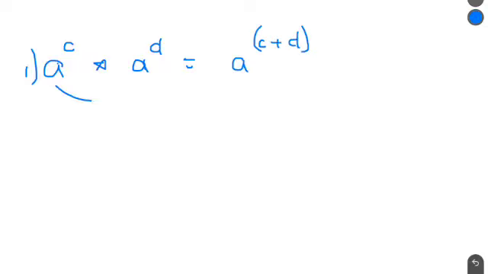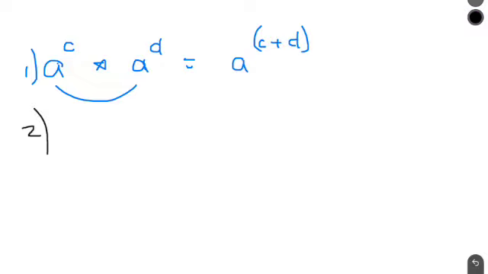Let's assume that whatever base we have, we call it A. Rule number 1: we have A to the power of C times A to the power of D. It's equal to A to the power of C plus D. Why? Because we're multiplying the same base.